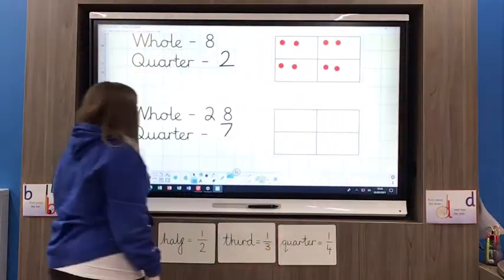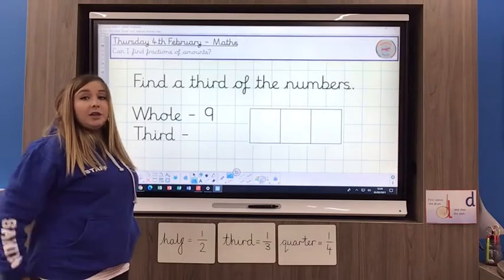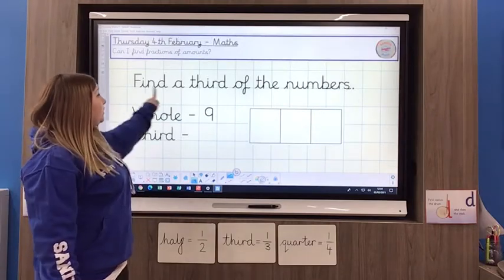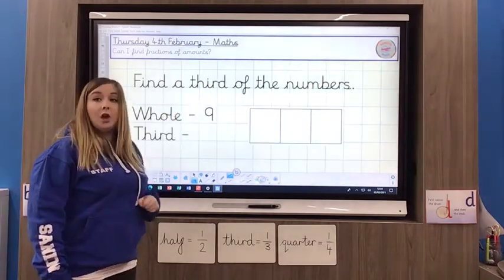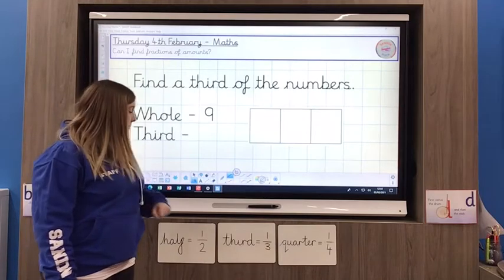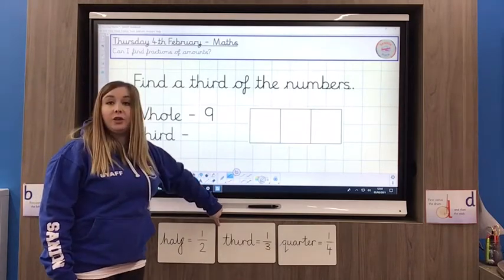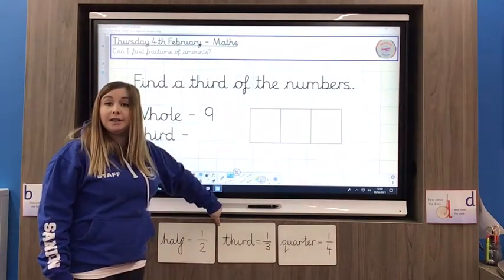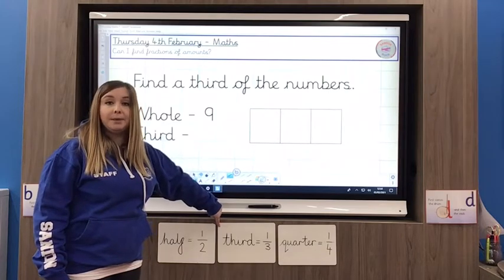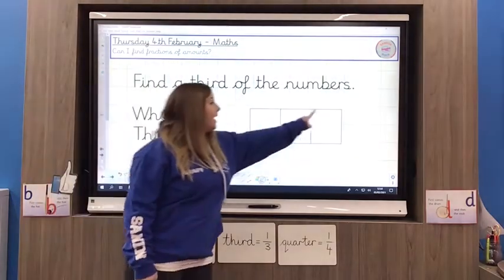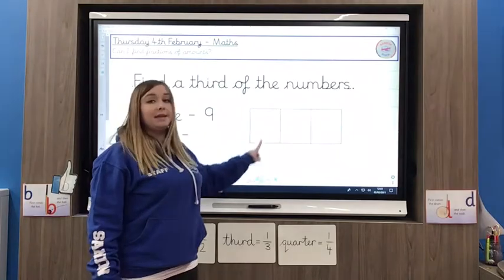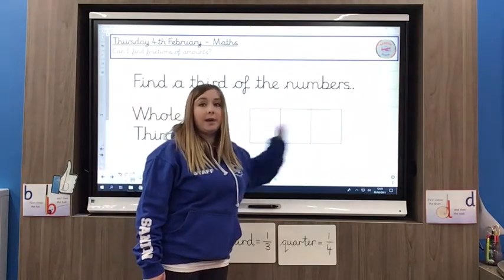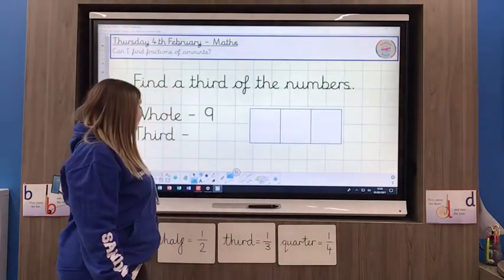Question number 2 then is asking you this time to find 1/3 of these numbers. And remember, when we're finding 1/3, the whole is split into 3 pieces. So again, I've got my whole split into 1, 2, 3 equal pieces.